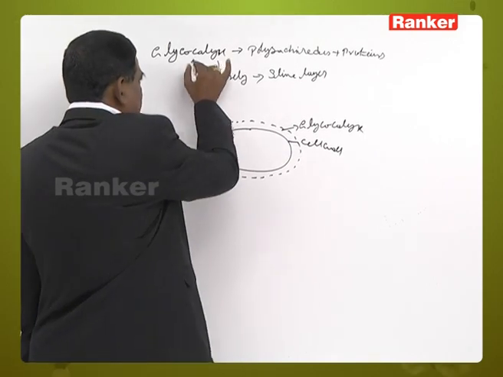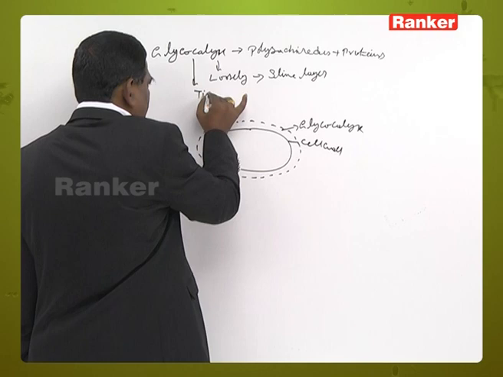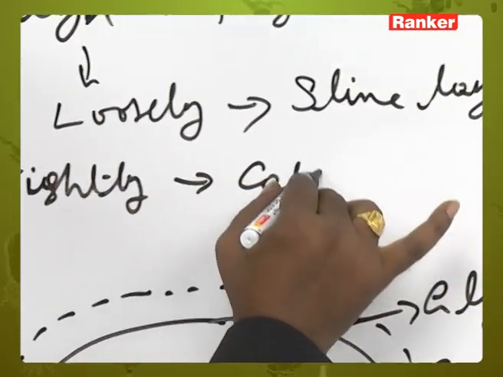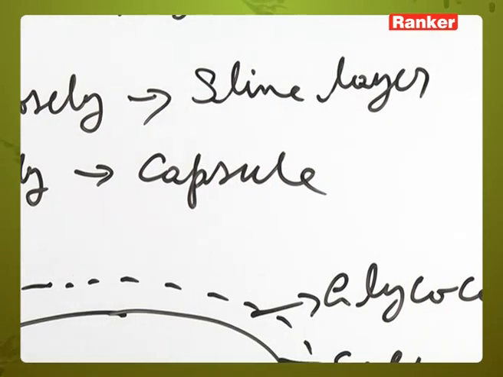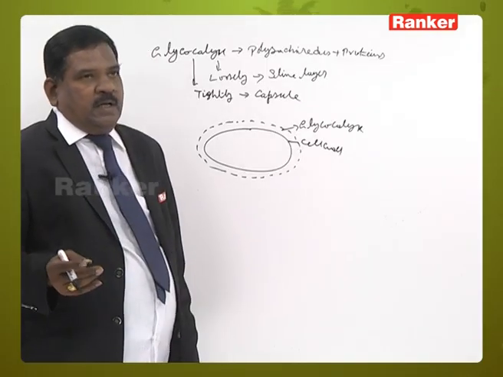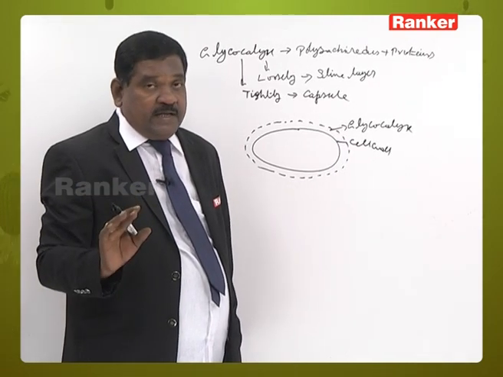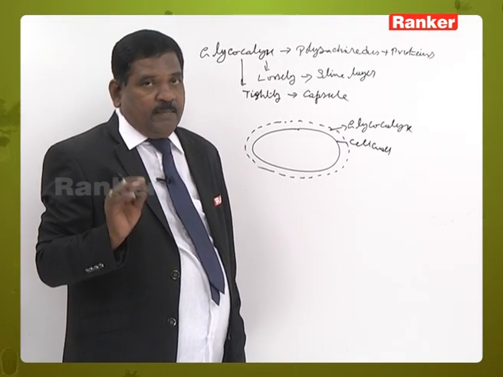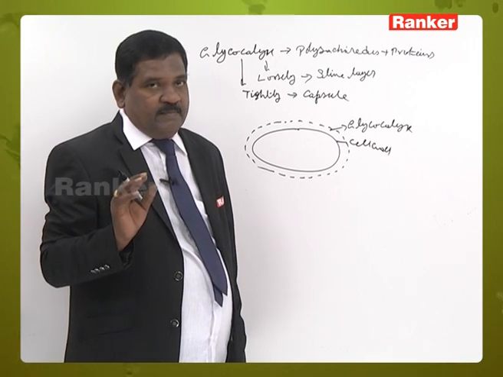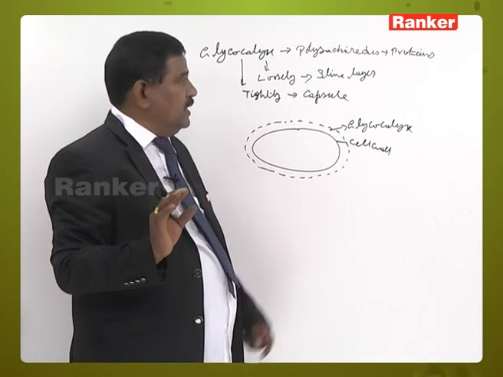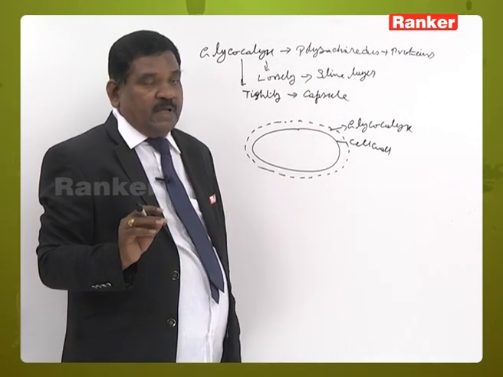If it is tightly attached to the cell wall, it is called a capsule. Glycocalyx is present outside the cell wall in some bacteria, not in all. The main function is attachment. If loosely attached and easily washable, it is called a slime layer.